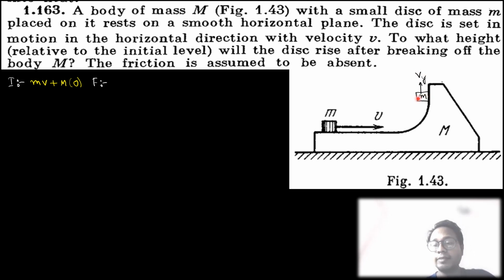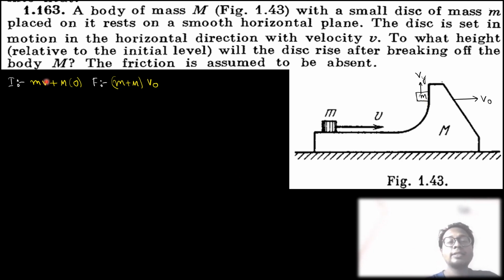See, this block and this mass will remain together, no? There is nothing to separate them both. So they'll both travel with a certain velocity v naught in this direction. So the final momentum of the system is (m plus M) into v naught. Understood?